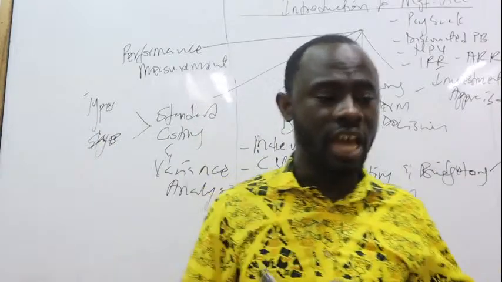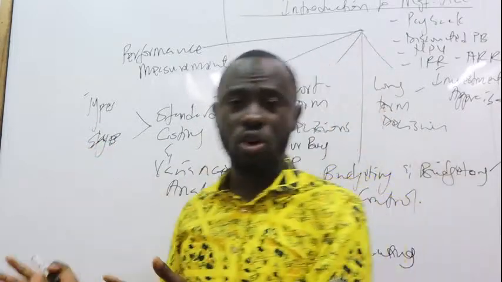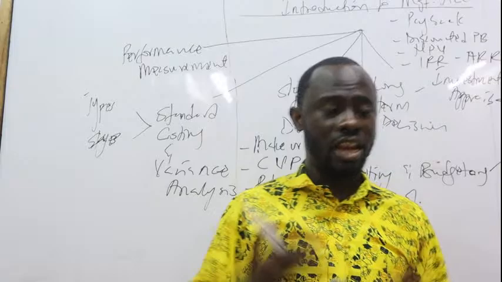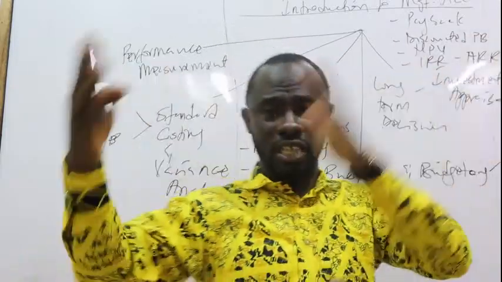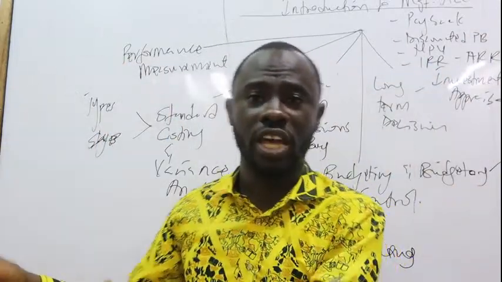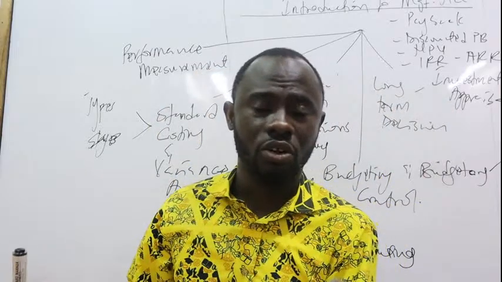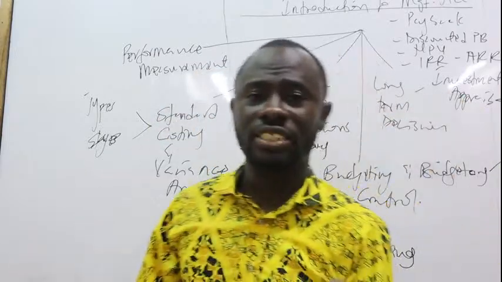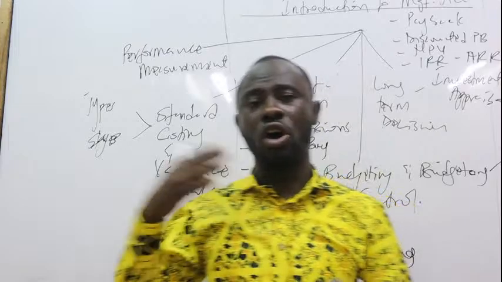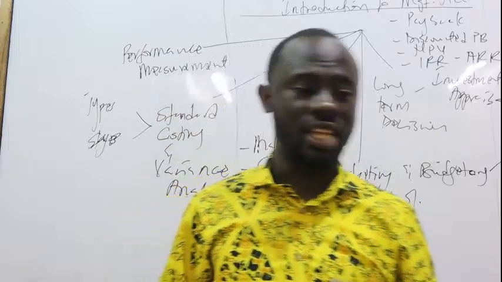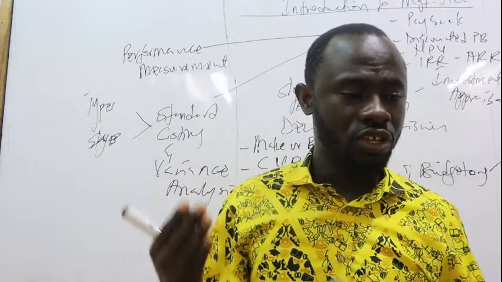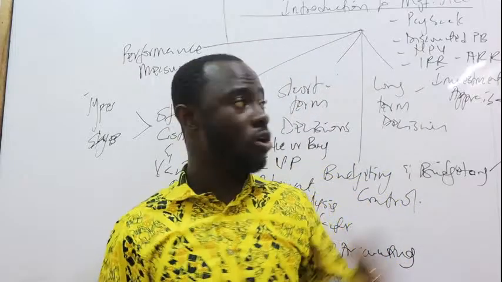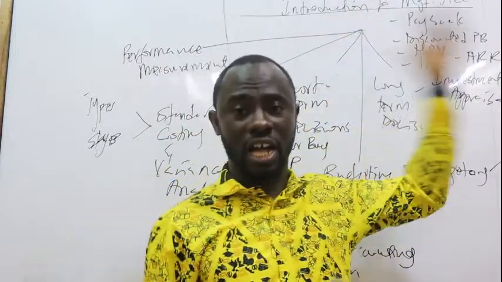In case you missed that lecture, you can go and watch it. We looked at the fundamental codes of ethics, the threats to the fundamental codes of ethics, and the safeguards that can be applied to mitigate or eliminate those threats. So make sure you look out for it, because it is in management accounting.